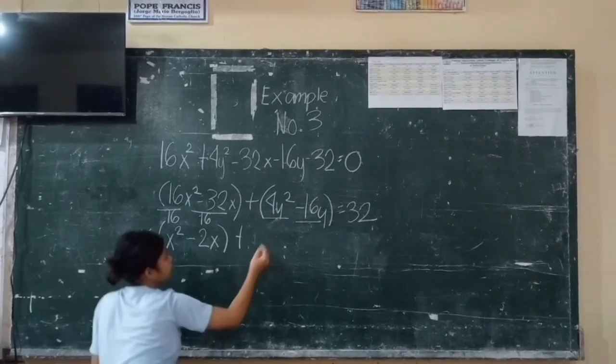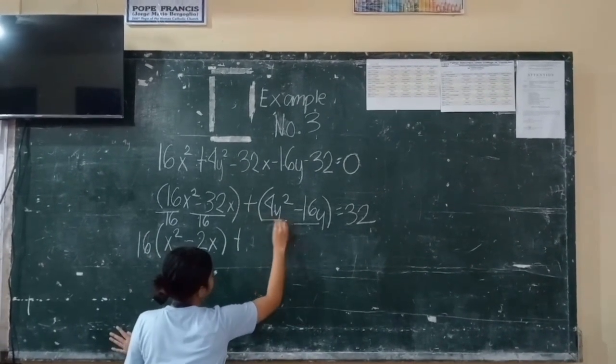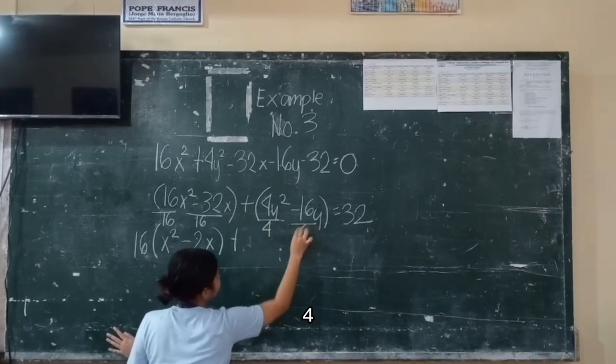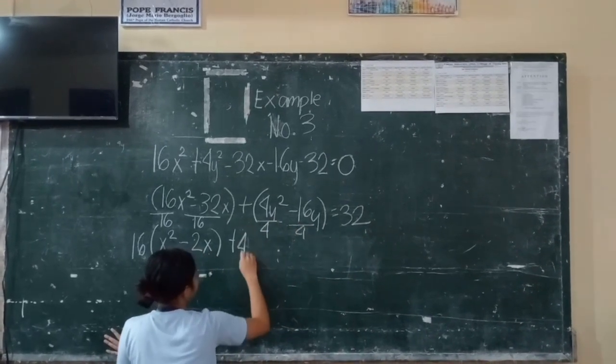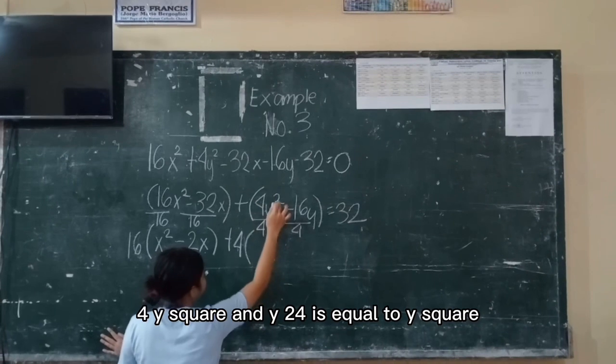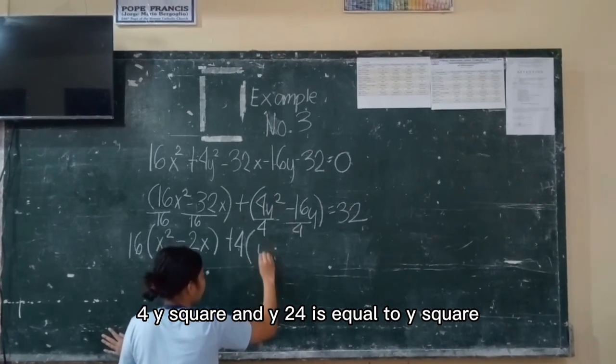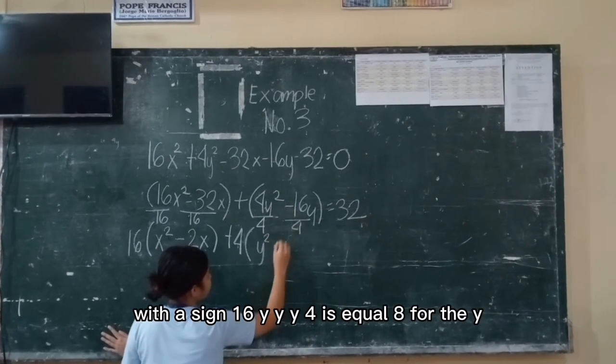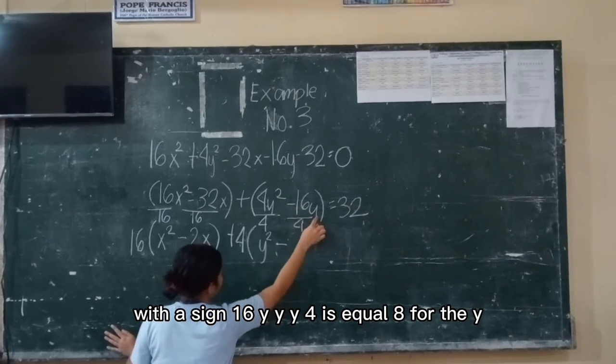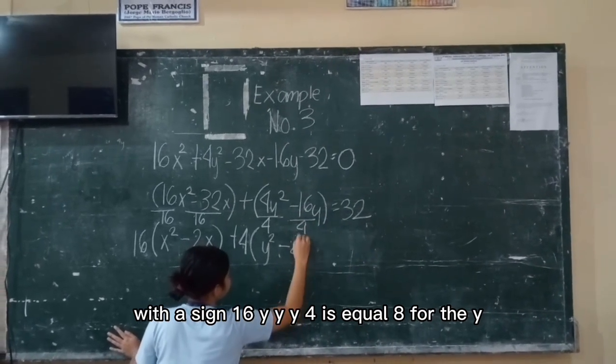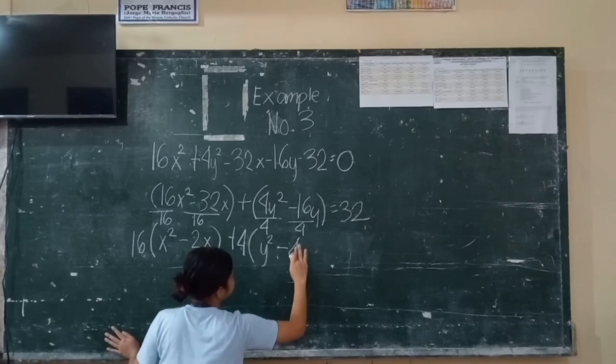Copy the sign. And so what's here? 4y squared divided by 4 is equal to y squared. Copy the sign. 16y divided by 4 is equal to 4y.